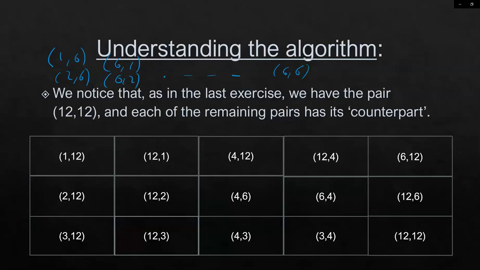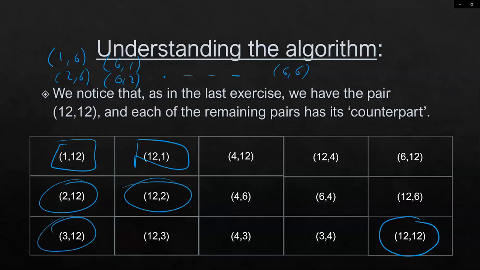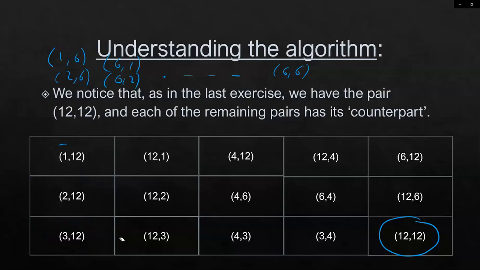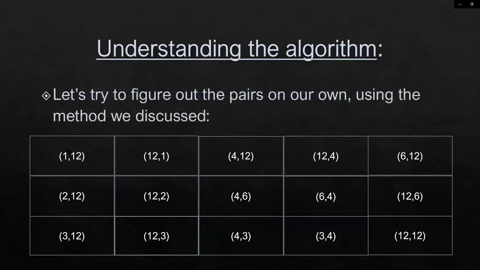In the same fashion, here we have 12 12 at the end, and for every other pair there is the mirror image. So now let's get deeper into this. Let's try to make the pairs on our own.